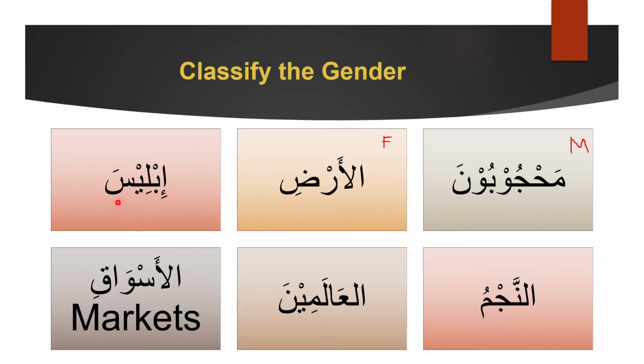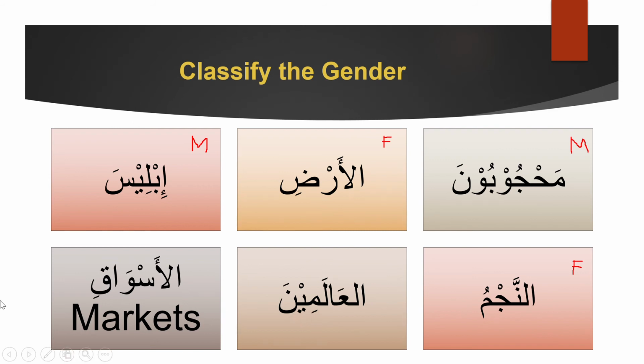Now, Iblisa. Iblisa is actually a masculine name because there's no reason for it to be feminine. Next, An-Najmu. An-Najmu, I told you, is from the story. An-Nujum and Najm mean star, as you already know, and it is feminine because it's from the story. Next, Al-Alamina.